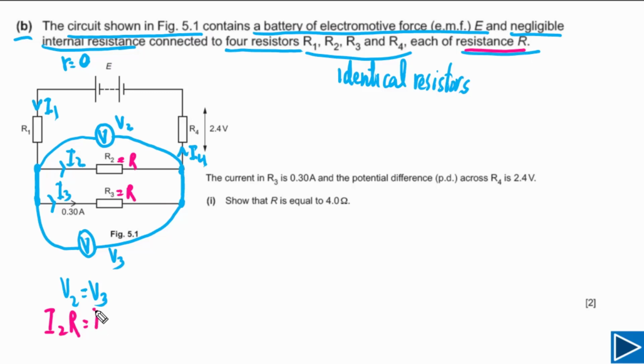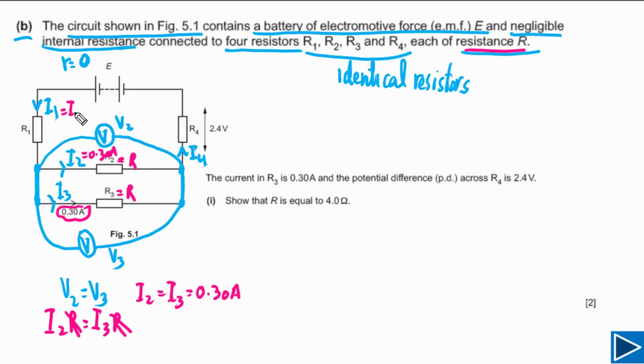We can also write down V3 will be equal to I3 times R. Now R is common on both sides, we can simply cancel. We can say I2 will be equal to I3, and I3 is given in this question, that is equal to 0.30 amps. So I2 is also equal to 0.30 amps.